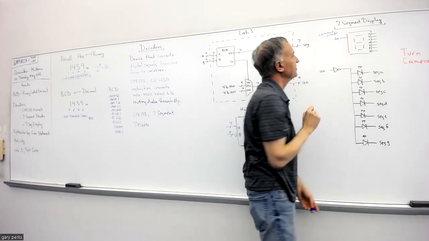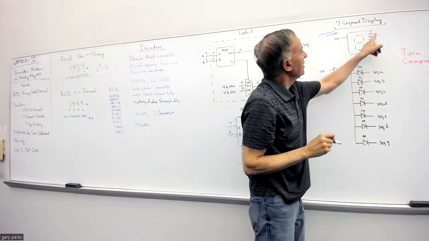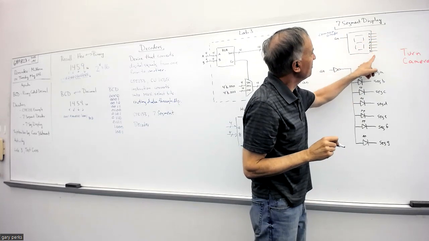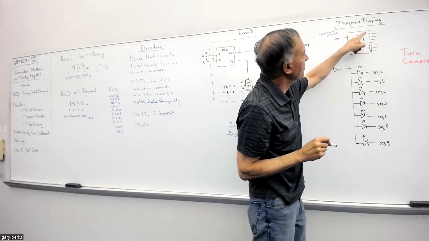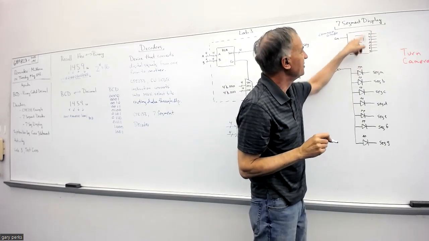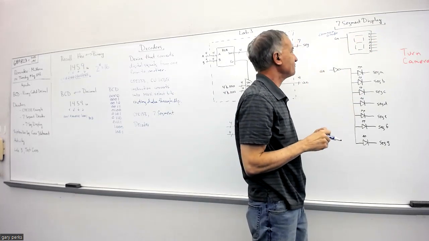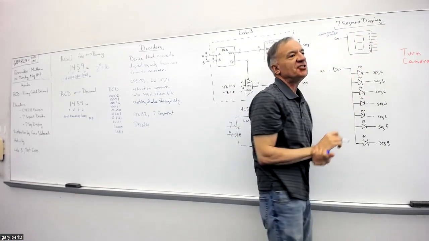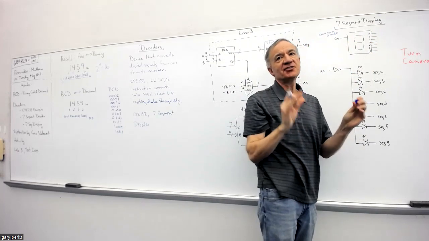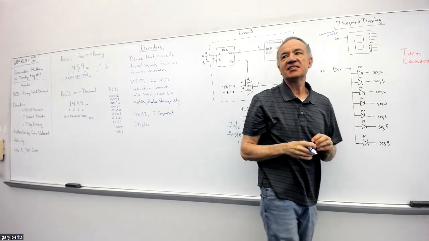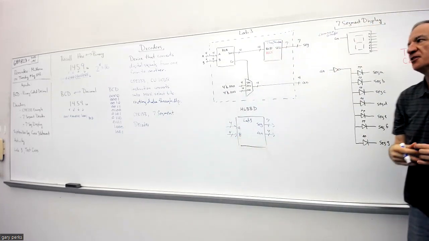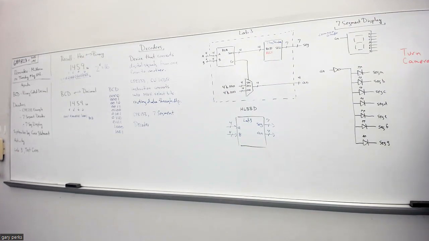Then you have these other pins over here that are labeled, as you can see, with letters A through G. And by convention, and I've never seen it different, there's a lot of things in engineering where things aren't standard.